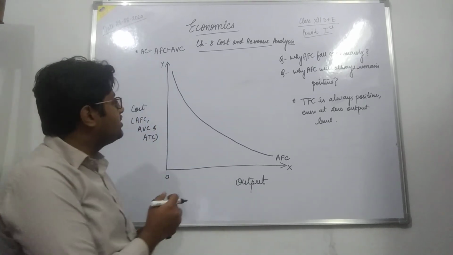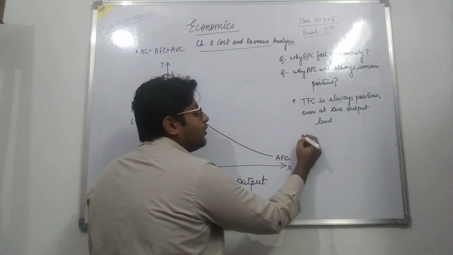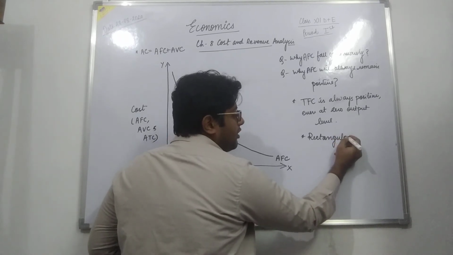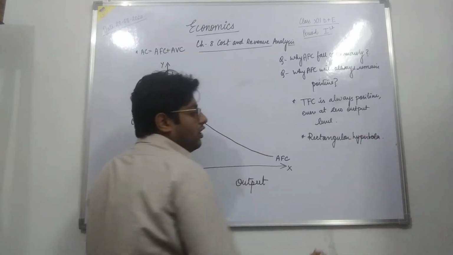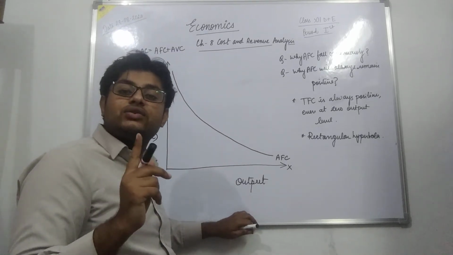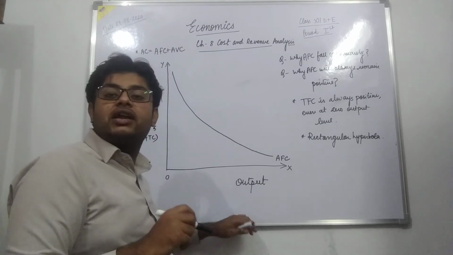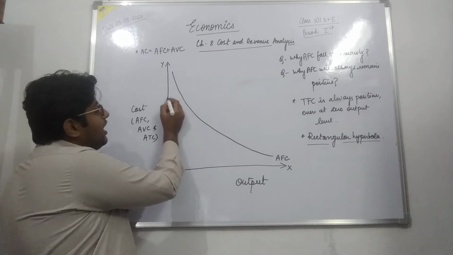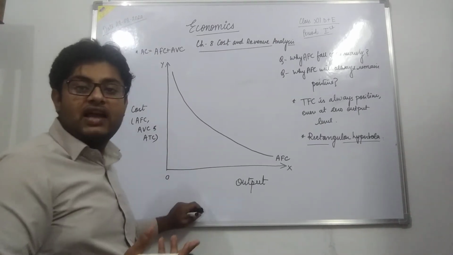And now we have to discuss the shape of AFC. The shape of AFC is a rectangular hyperbola. We have already discussed that the shape of the unitary elastic demand curve was also a rectangular hyperbola. What is a rectangular hyperbola? It means that if we take any point on the AFC curve, we'll get the same value.